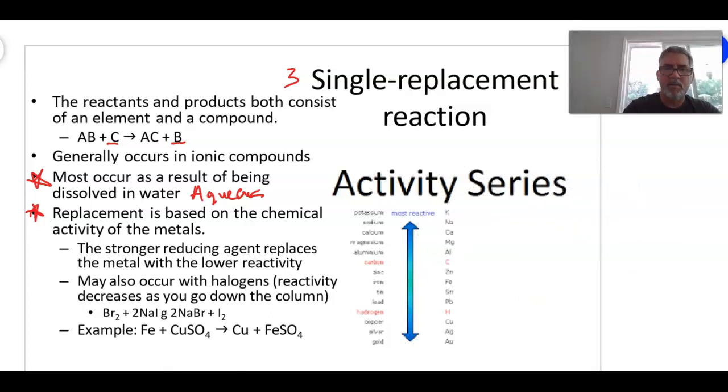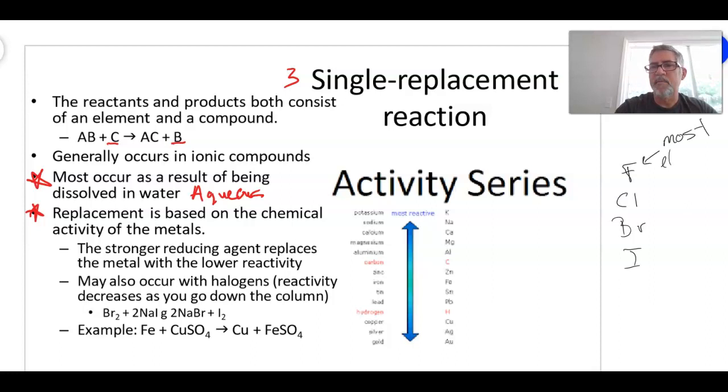At the top of the halogens, I have fluorine, then I have chlorine, and bromine, and iodine. So those are our main halogens. The fluorine is most electronegative, and then this would be least electronegative.